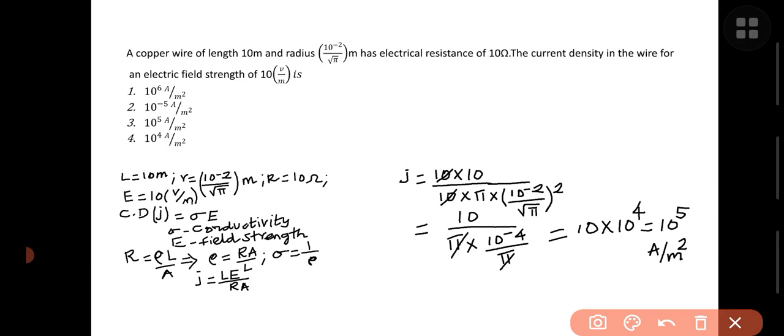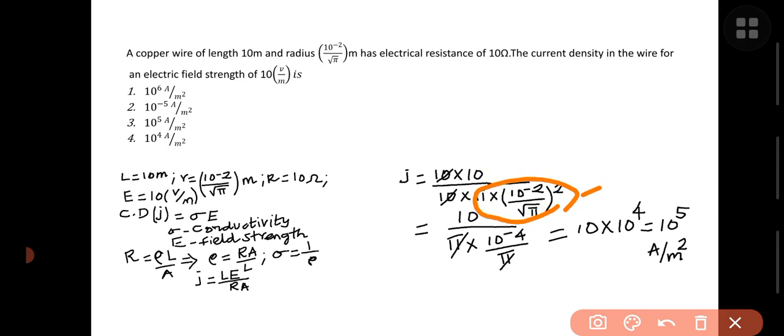So, substituting in the current density, we get L E divided by R A, and substitute the values of L, E and A. We get J equal to 10 into 10 divided by 10 into pi into 10 power minus 2 divided by root pi the whole square. Here we are finding the area.